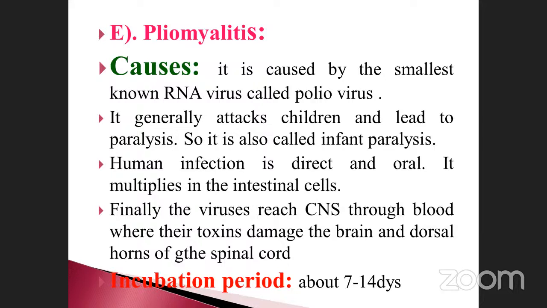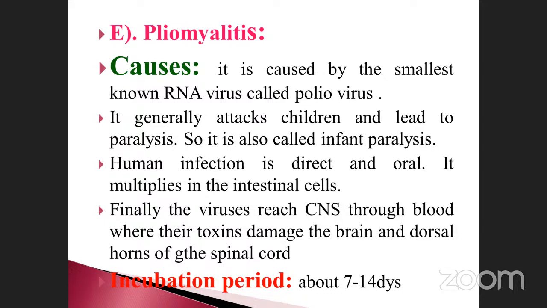They generally attack children and lead to paralysis. This is very, very important. Some people may say, we may hear like that: suddenly he got fever, after that the legs are paralyzed, due to these types of viruses only. So it is also called infant paralysis. Infant paralysis. That's why we are providing, which one you know?